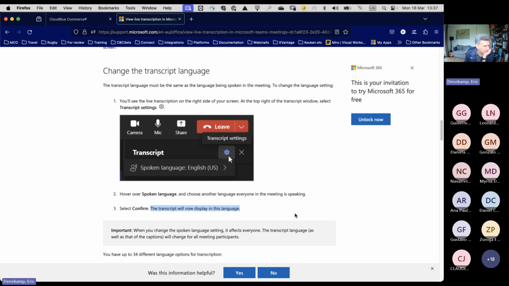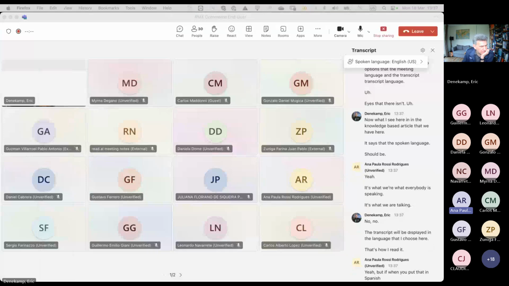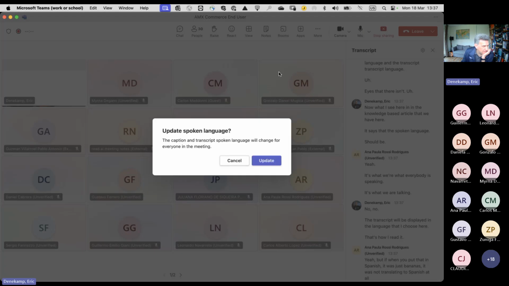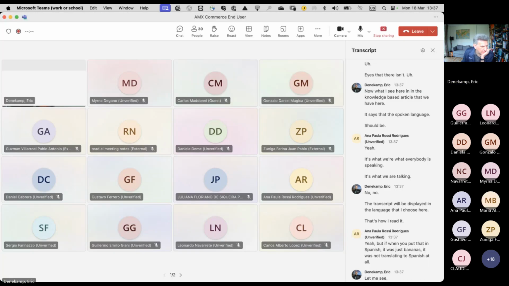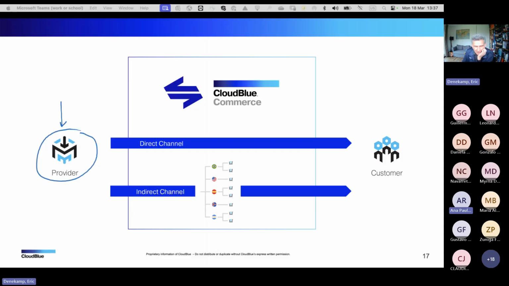That's how I read it. Yeah, but when you put that in Spanish, it was just bananas. It was not translating to Spanish at all. Let me see. Let's see what this does. No, terrible. It goes bananas. Yeah.